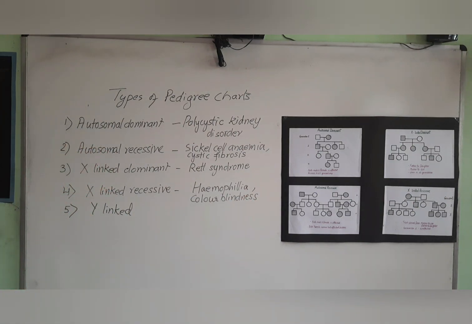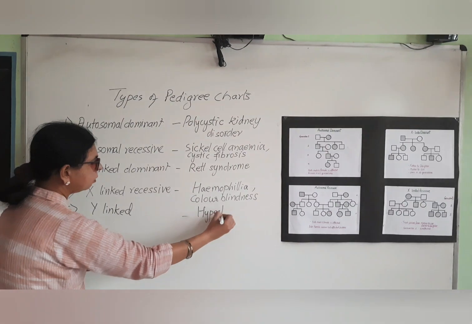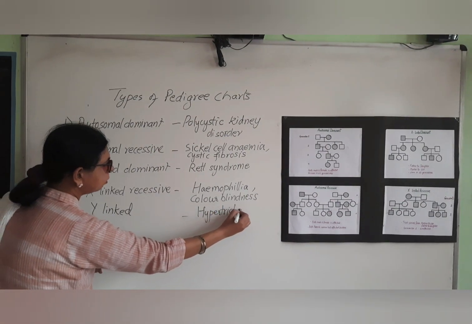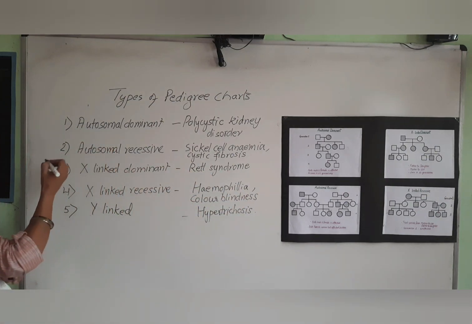Example of Y-linked is hypertrichosis. Now we will discuss each case in detail.